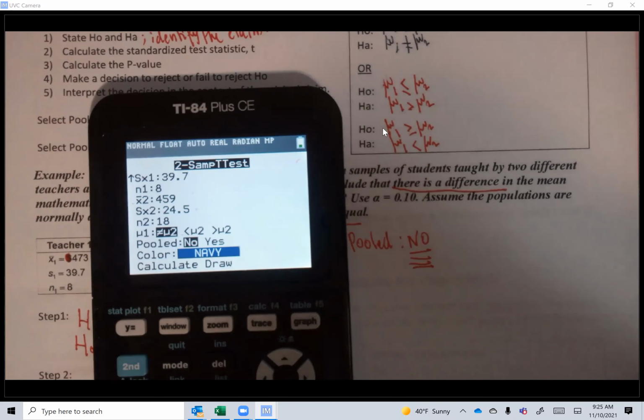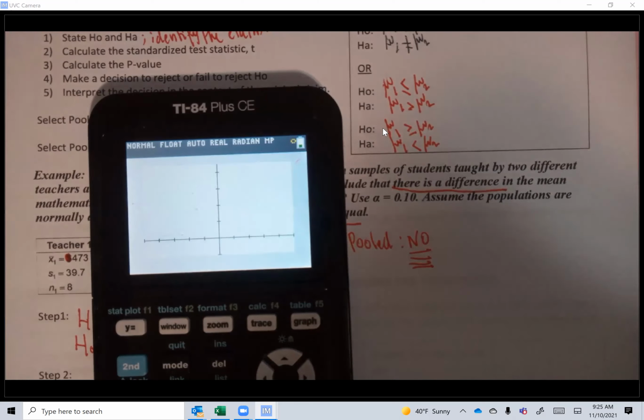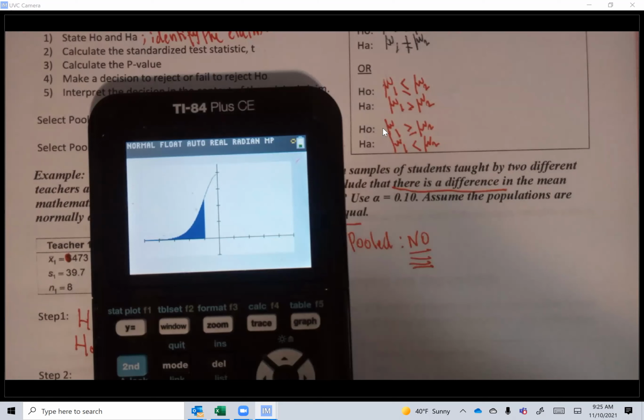So the p-value is going to be on both sides. Let's do it. It's a huge p-value.